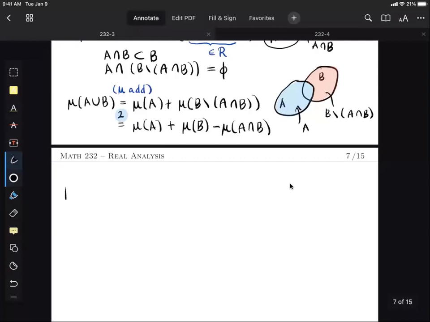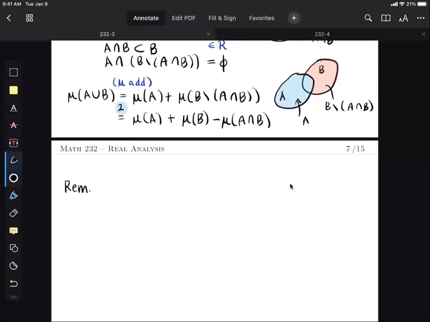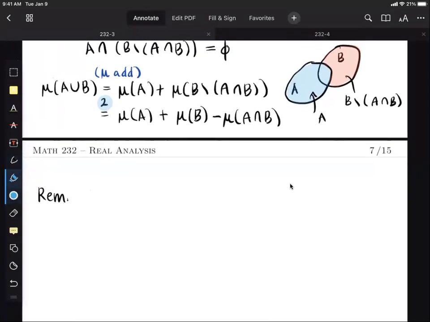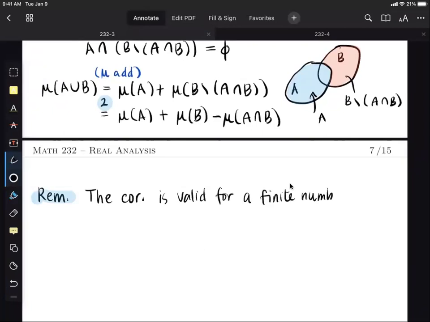So a remark, I would like to emphasize that this is valid for the corollary. It's valid for a finite number of sets.